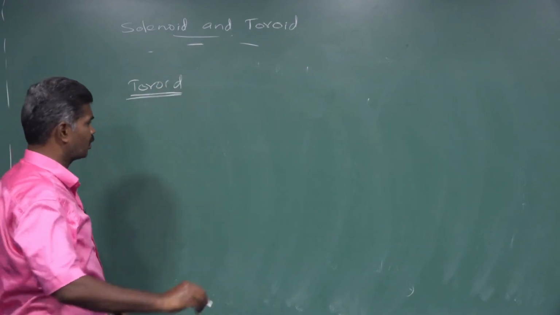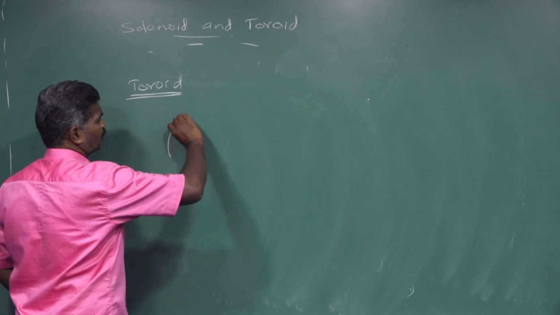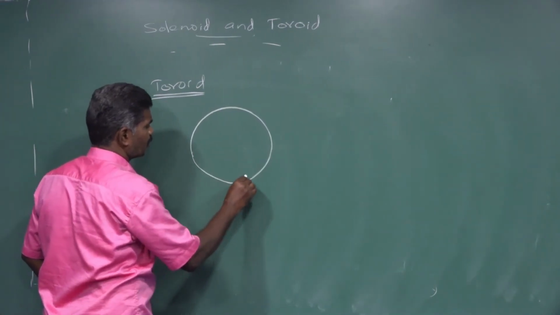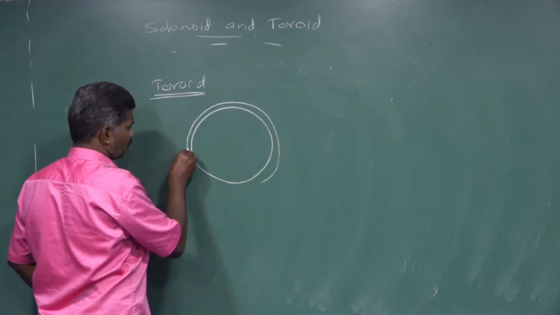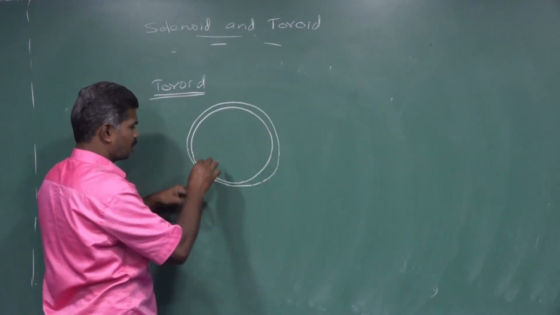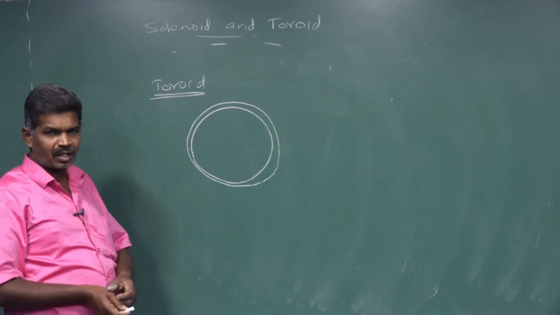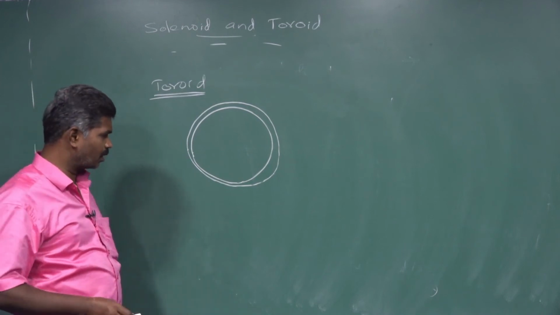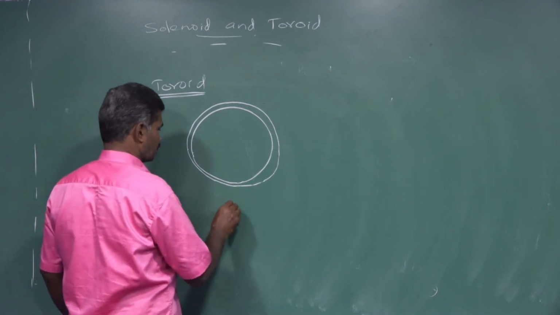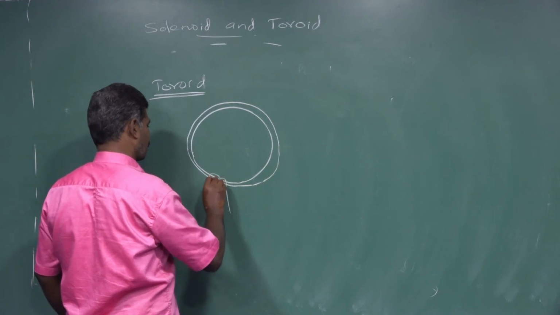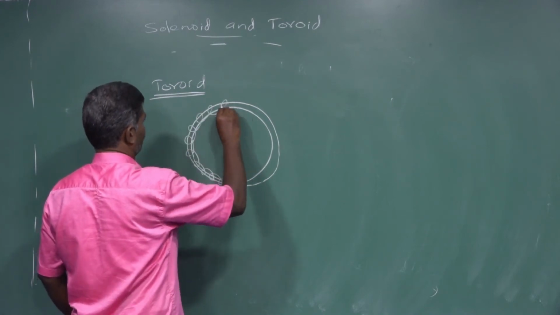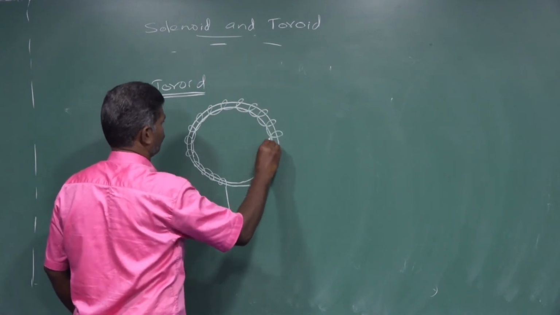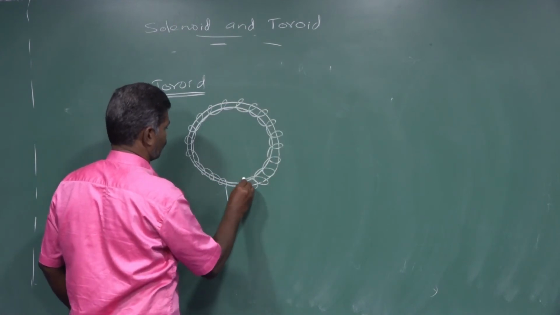The toroid is a ring shape. Suppose the support of the toroid can be taken as a soft iron ring or any material medium. Then we wind the coil like that.